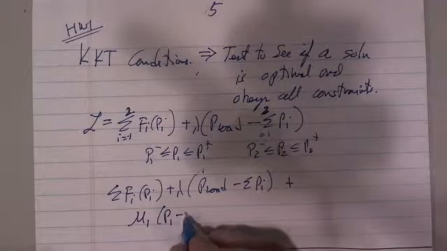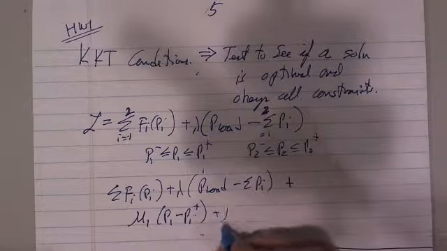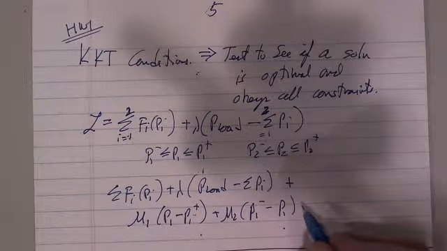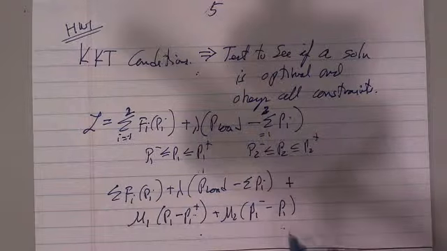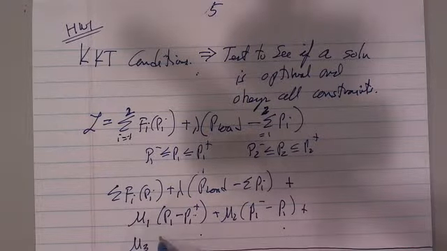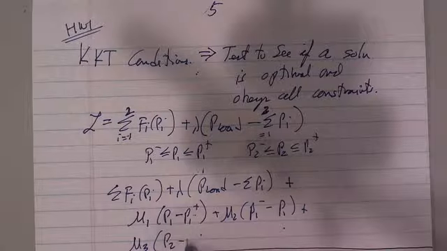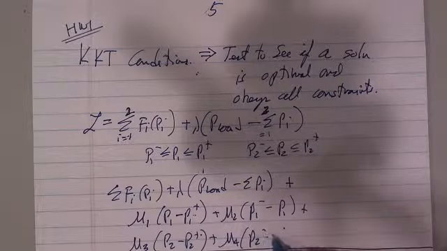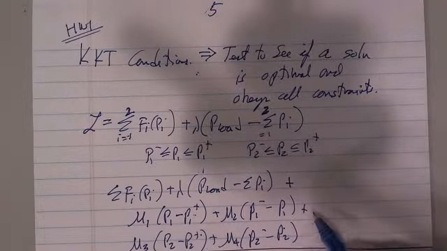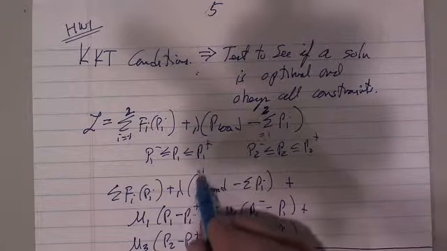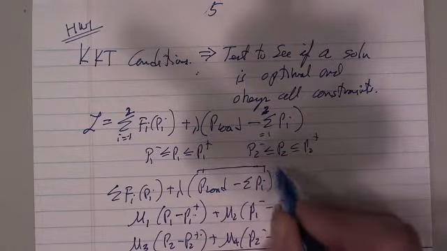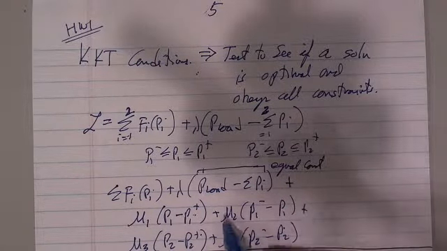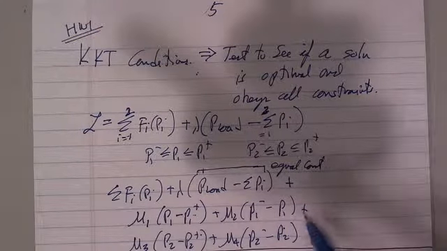Mu1 times (P1 minus P1 plus), mu2 times (P1 minus P1 minus), plus, and we have a sort of a mirror set for P2: mu3 times (P2 minus P2 plus), mu4 times (P2 minus P2 minus). Now, this is of course an equality constraint. Each of these is an inequality constraint.